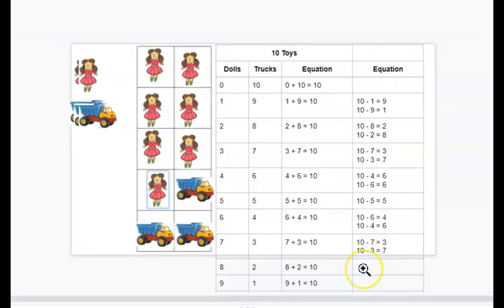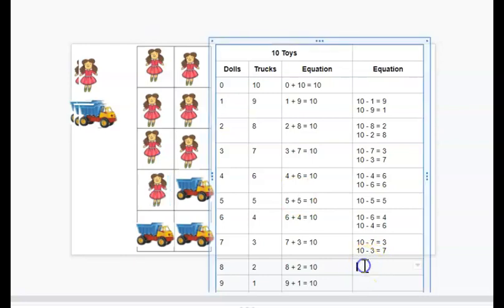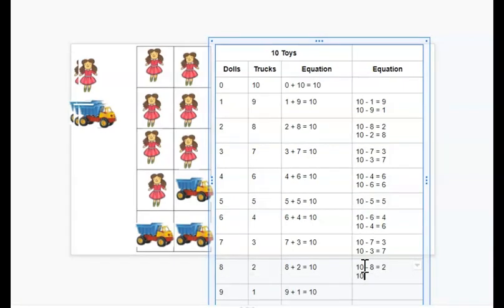So now let's look at 8 and 2. If I know 8 plus 2 equals 10, then I know 10 minus 8 equals 2. And then I know 10 minus 2 is equal to 8.